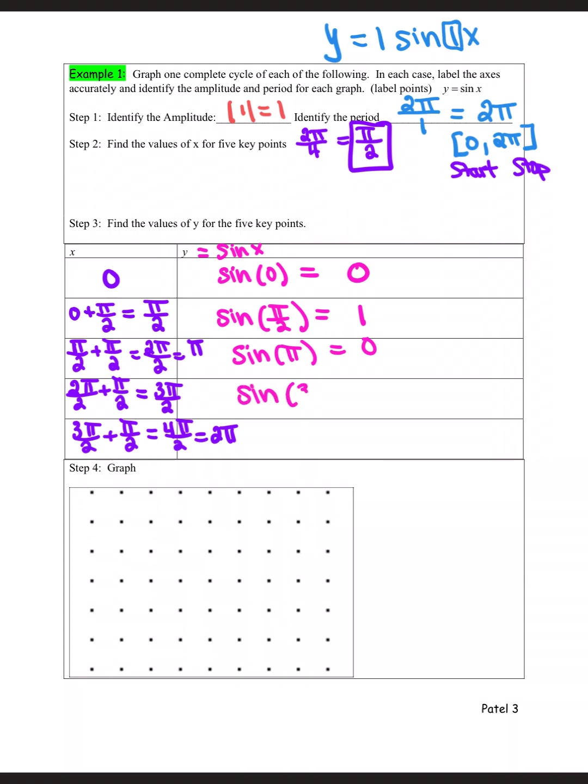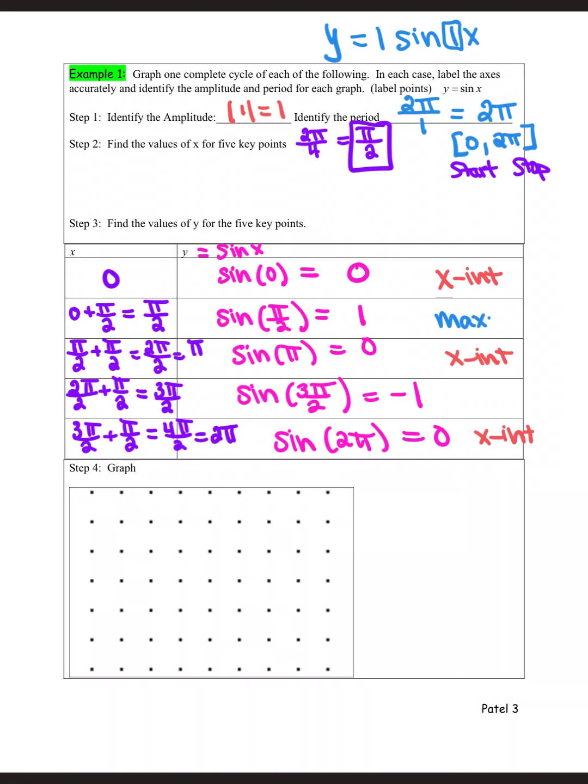Sine of 3 pi over 2 is negative 1. And sine of 2 pi gives me 0. So notice this gave me my 3 x-intercepts. What I also know is my max value and min value, and the max and min value come from the amplitude. Notice the amplitude was 1, so the max is 1 and the min is negative 1.